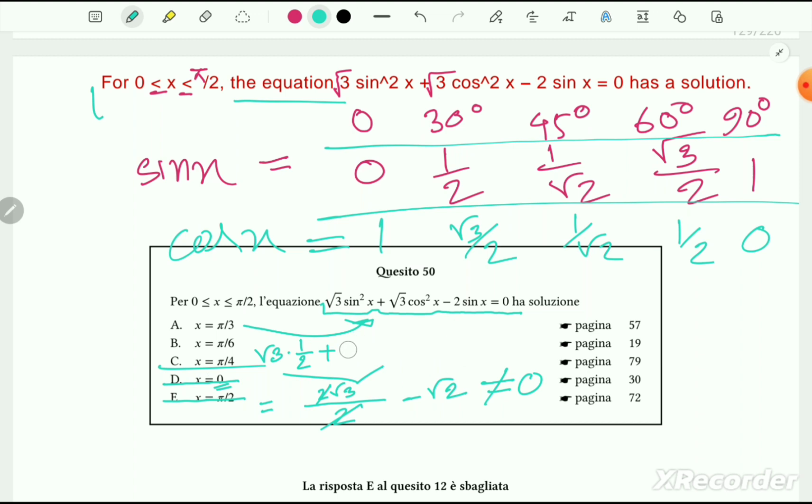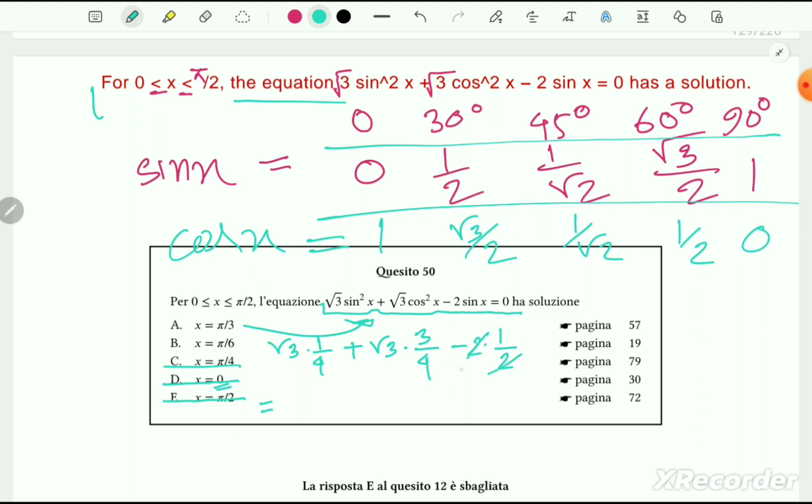Option B, let's check option B. In case of option B, it is 30 degree. So root 3, pi by 6, half, so it gives us 1 by 4, plus root 3 cos 30 degree gives us root 3 by 2, and it has a square, so 3 by 4, minus 2 sin x, that means half. Let's see how much we can get from here.